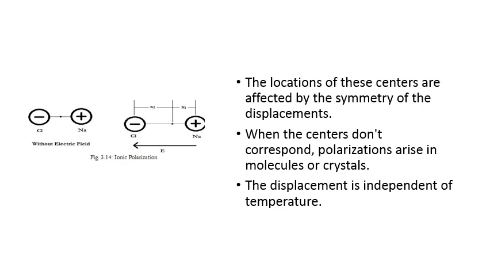As shown in the figure, if there is no electric field, this is an ionic substance, NaCl. But when we keep this in an electric field, this will be separated out.